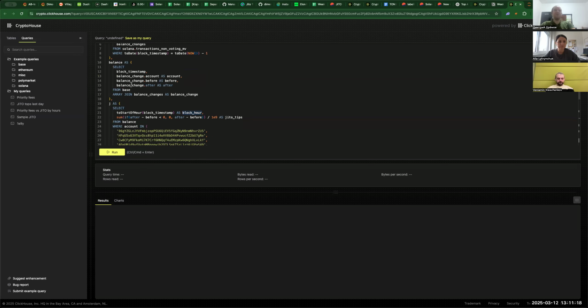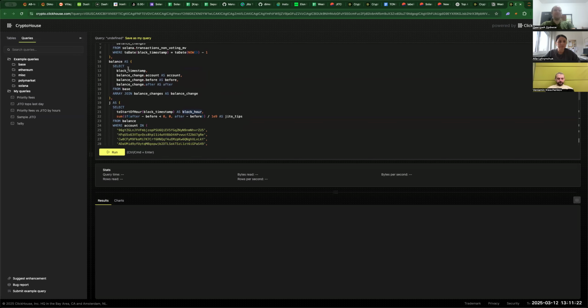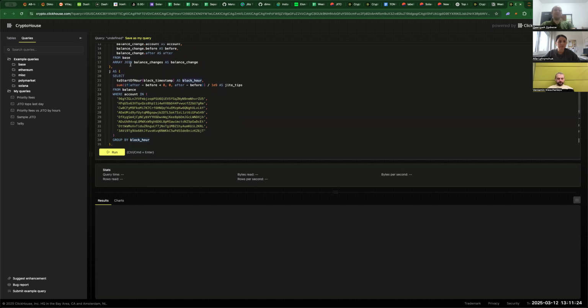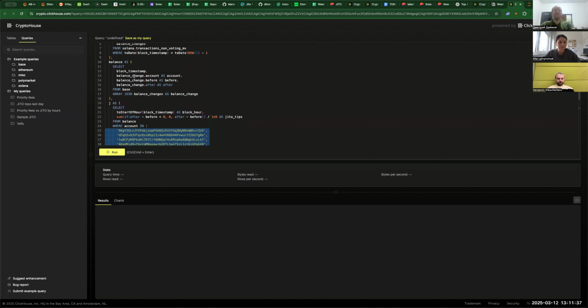And for the JITO tips, it's a little bit harder, but still not that hard. We are looking for all the incoming transactions for the JITO tip accounts, which in this table I can find in the balance change, and in Dune it's very similar. If you go to the transactions table, you can get the balance change from there.